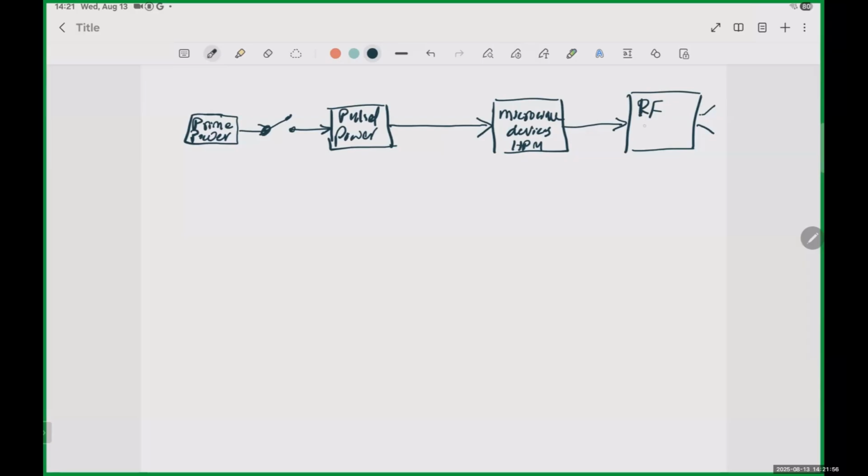Actually, I'm from Bangladesh. I have a small workstation in my home. I already developed in my home a Marx generator which produced 16 kV, and now I am applying it to build a plasma cathode electron source.